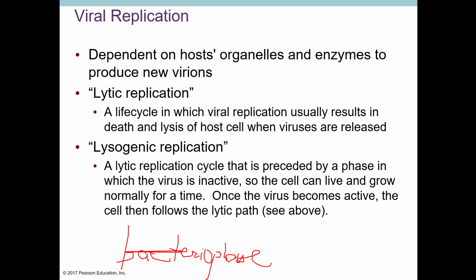So the lytic cycle, which I'll show you on the next slide, is a cycle in which the virus enters the host cell, and the chromosome ultimately is the thing that gets into the cell. The chromosome contains genes, and the cell's enzymes and the cell's ribosomes transcribe and translate those genes into proteins and enzymes needed to make more virus.